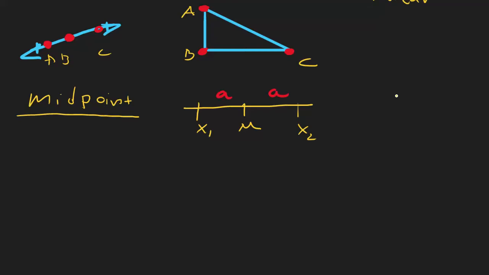M would have to be the average of the two, where you have x1 plus x2 divided by 2, and that gives us the midpoint. So we actually just get a formula in that sense.